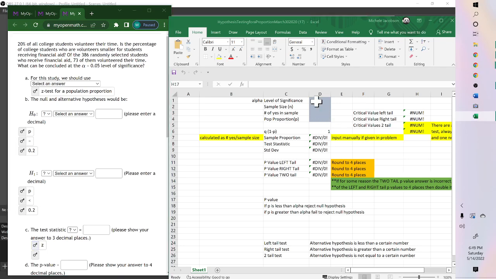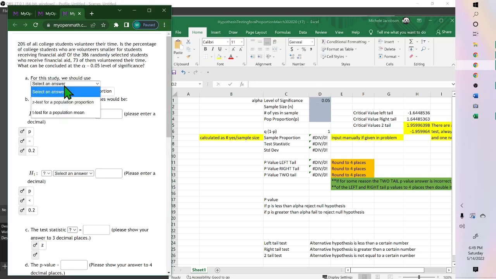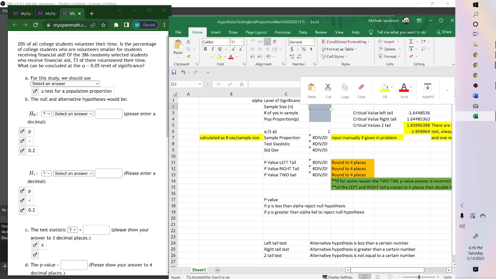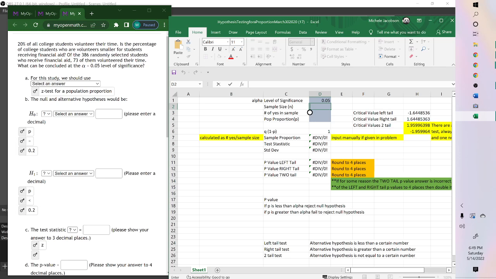Level of significance, 0.05. Sample size, 386. The number that said yes, 73.